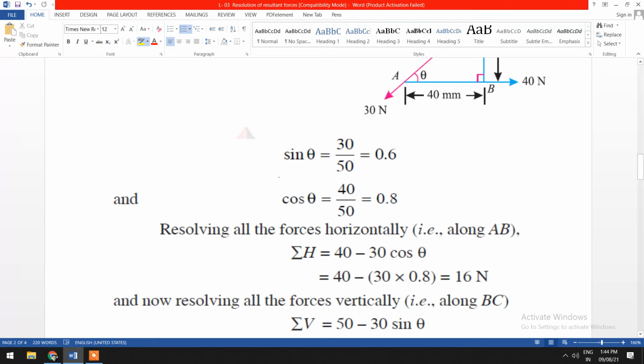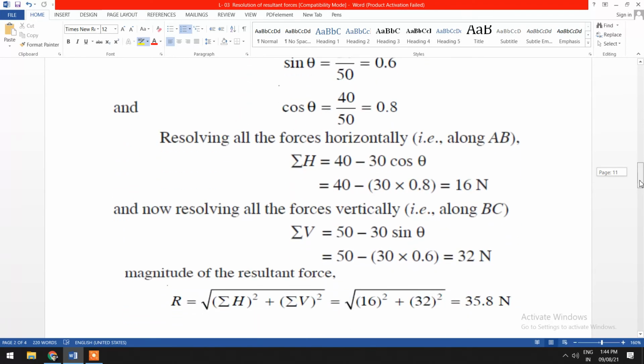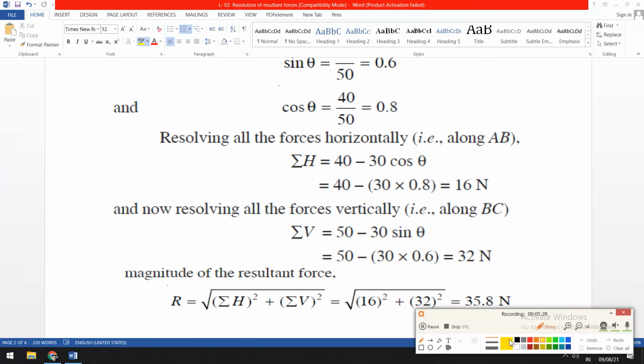So the summation of horizontal components is 40 minus 30 cos theta, and with cos theta equal to 0.8, we get 16.